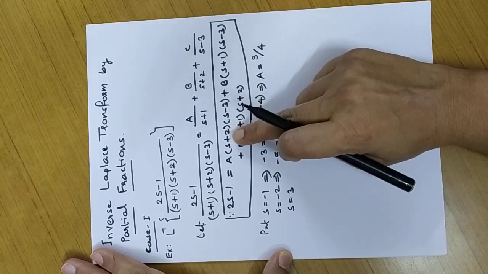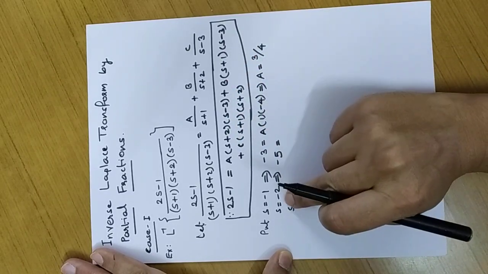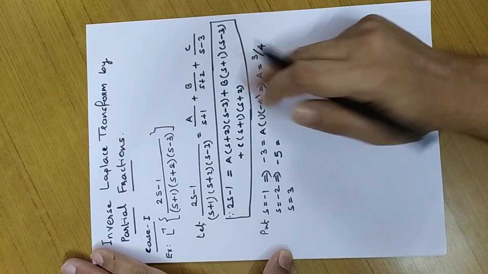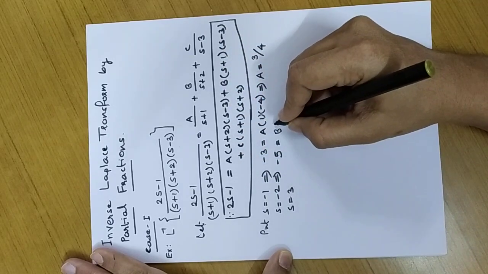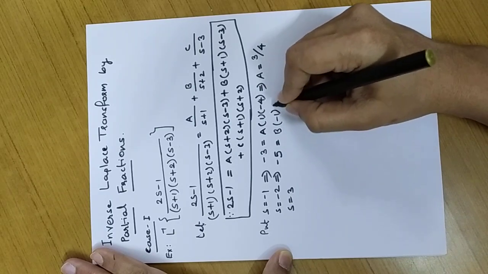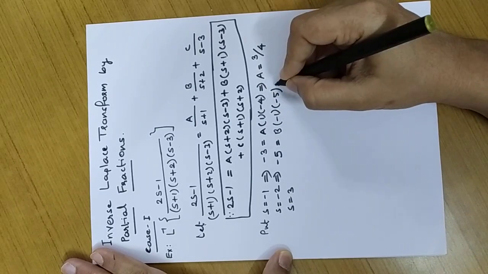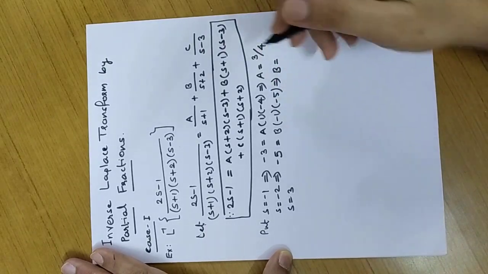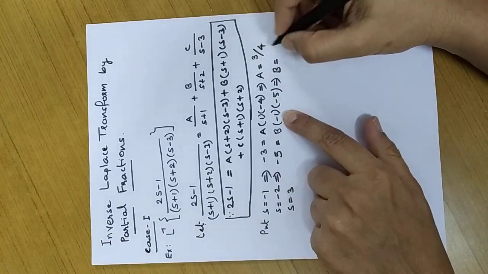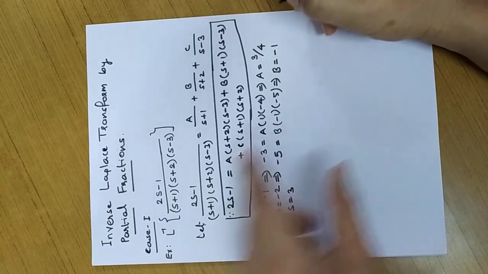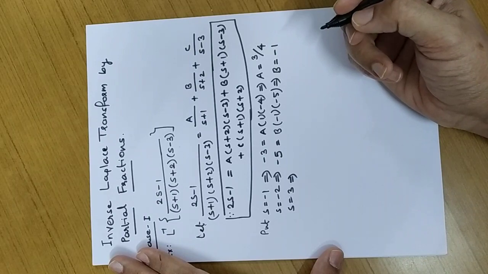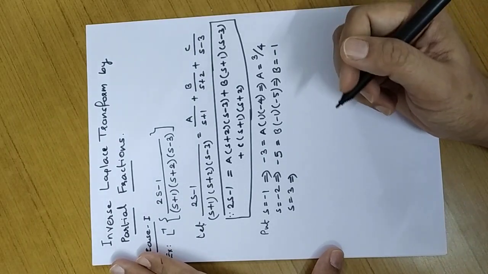On the right hand side, the first term will be 0 because we are putting s equal to minus 2, and the third term is also 0. So we have minus 1 times B equal to minus 5, so B is equal to minus 5 divided by 5, which is minus 1. Am I right? Now for s equal to 3, what is the value of C?